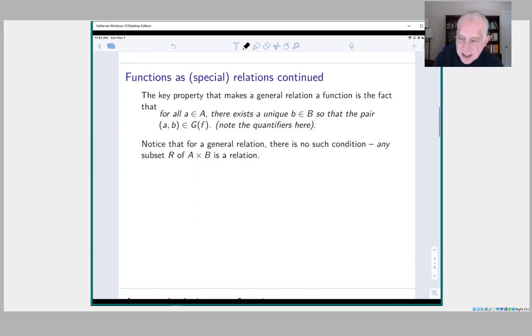So what is special about a relation which comes from a function? Well, here's a chance to practice your quantifiers.